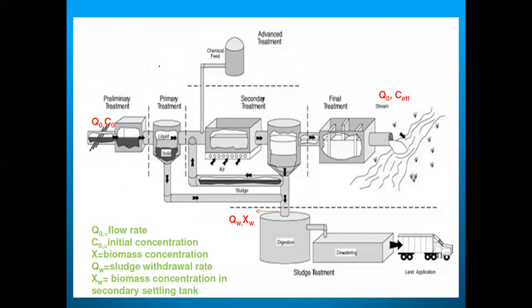See the figure here. As already discussed in unit 3, we have completed the preliminary treatment process and primary treatment process up to here, right? The water is going in this horizontal way, the solid sludge is coming in the vertical way and is depositing in a separate tank.